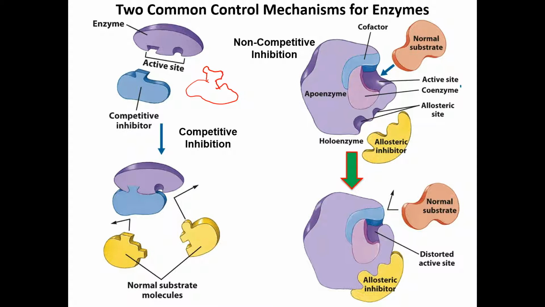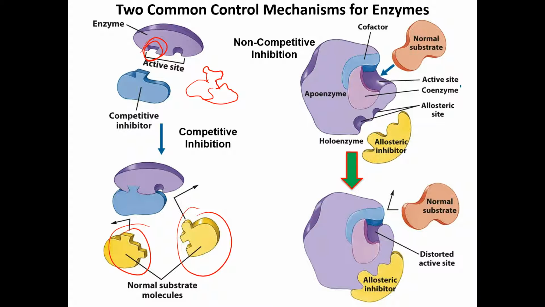You would have your normal substrate, and a competitive inhibitor is competing with it for the active site. This competitive inhibitor looks very similar to the substrate, but it's not, because when it binds, it blocks the normal substrate from binding to the active site.